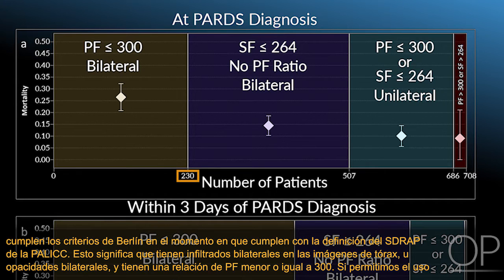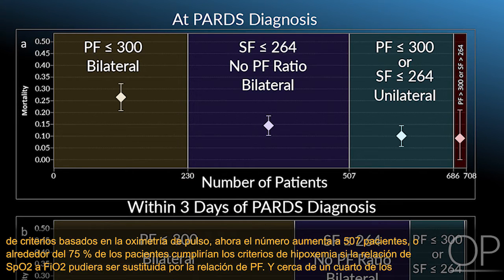So this means they have bilateral infiltrates on their chest imaging or bilateral opacities, and they have a PF ratio less than or equal to 300. If we allow for the use of pulse oximetry-based criteria, now the numbers increase to 507 patients, or about 75% of the patients would meet hypoxemia criteria if the SpO2 to FiO2 ratio could be substituted for the PF ratio.